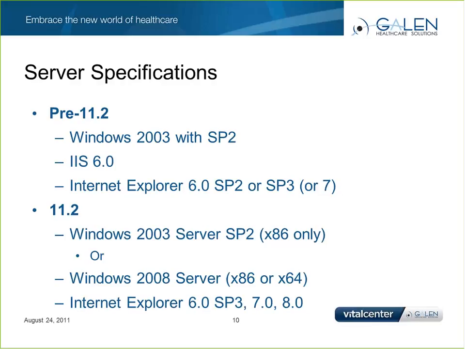That's supported on the pre-11.2 specification. When we go to 11.2, it's Windows 2003 Server, Service Pack 2, x86 only, or Windows 2008 Server, x86 or x64. And then on there, it's Internet Explorer 6, Service Pack 3 specifically, or 7 or 8.